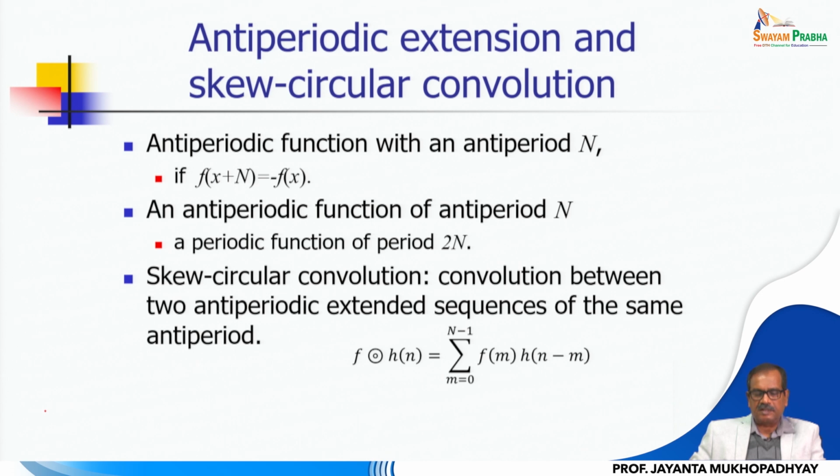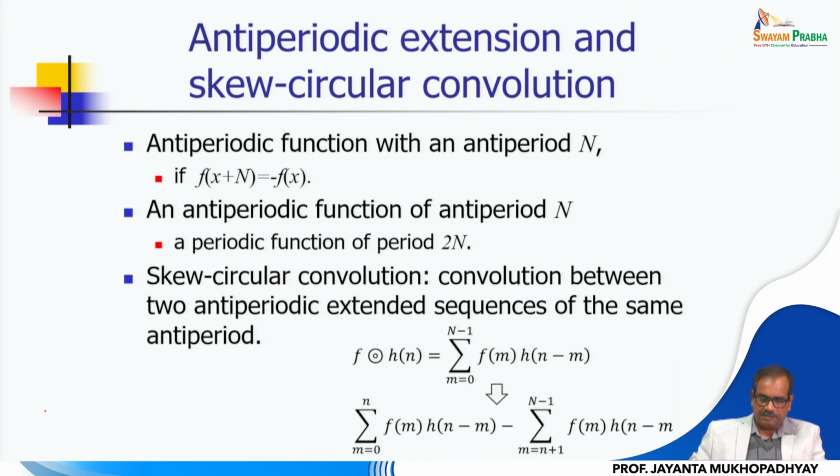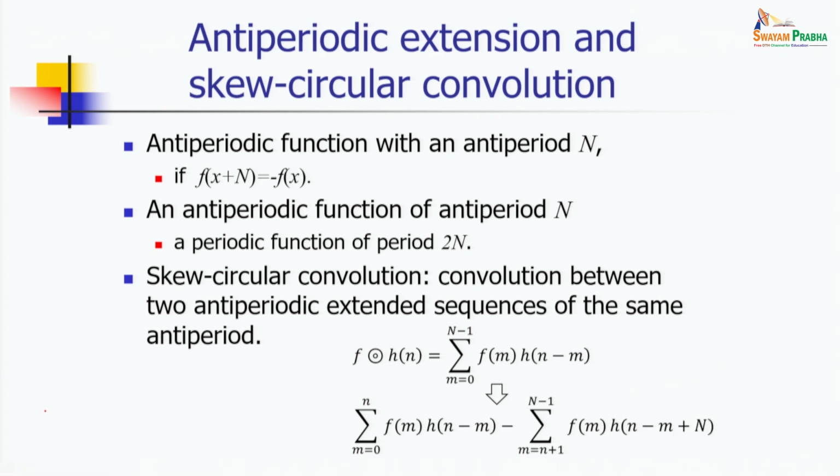So, when I express a skew circular convolution, if I compute this quantity and apply the antiperiodic extension property, now you can see that this sign becomes negative, because h(n minus m plus n) is minus of h(n minus m). So, that is why this minus sign came, because h(n minus m) is defined in your sequence. So, this is the equivalent expression.